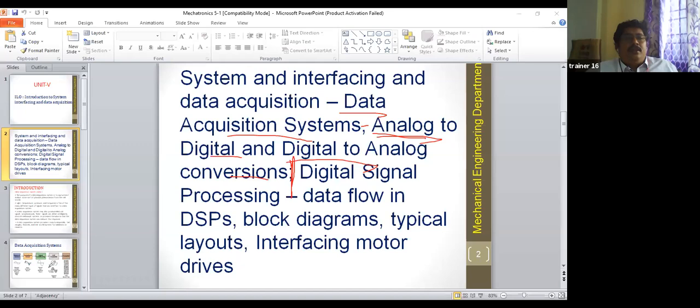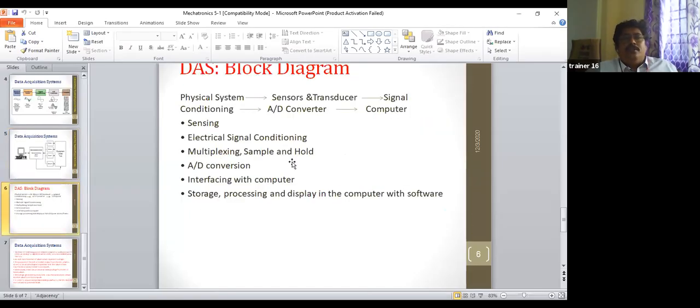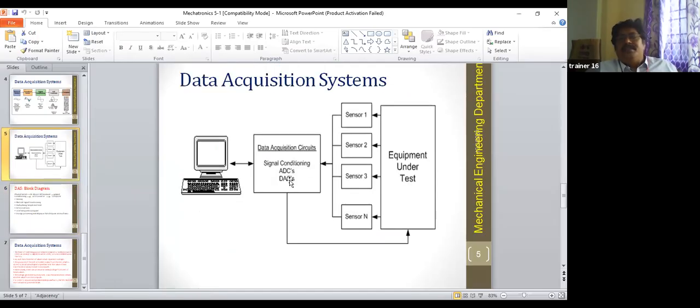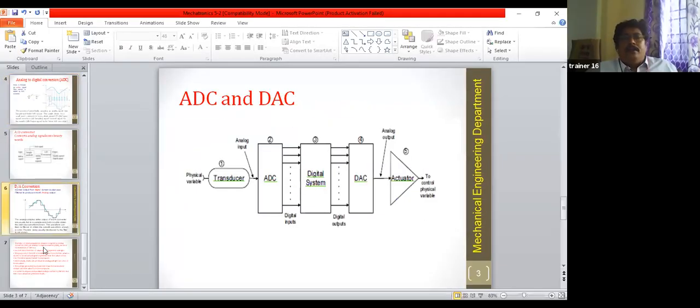Okay. See here. Right. Signal conditioning, ADC, DAC. This is the data acquisition. So now this one, we already discussed, right?